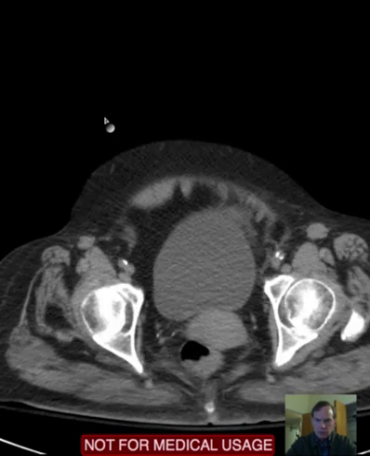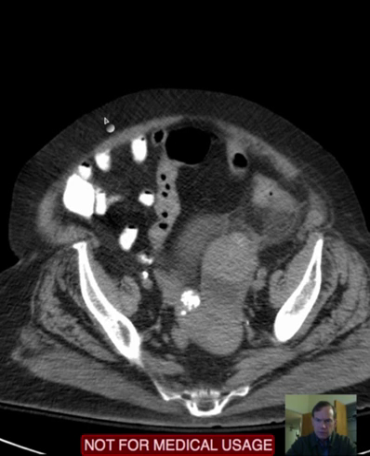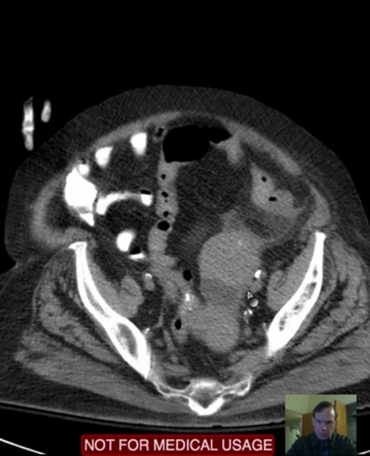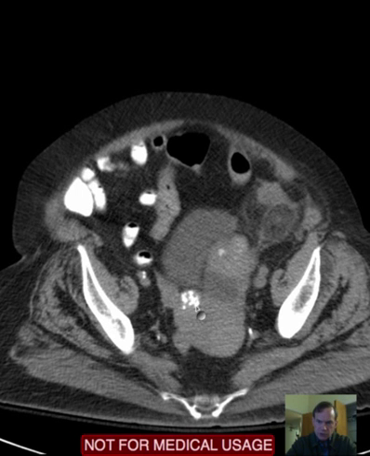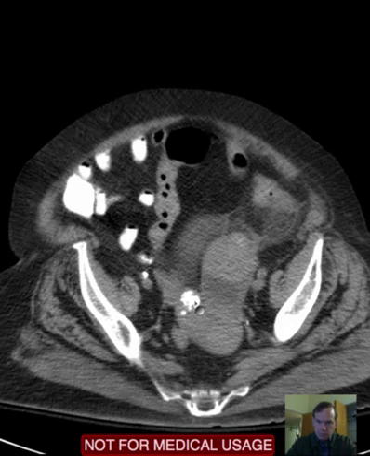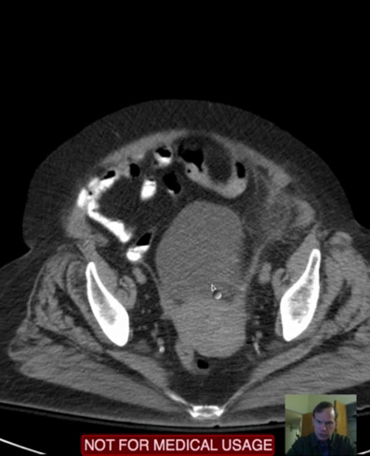Okay, so now here is the area of abnormality in the left lower quadrant right here. There are some calcifications which are calcified uterine fibroids. You see fibroid changes in the uterus.